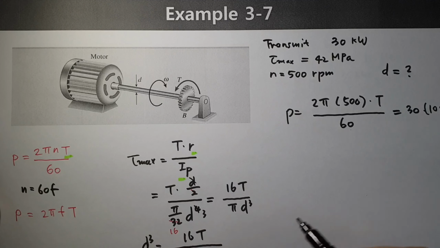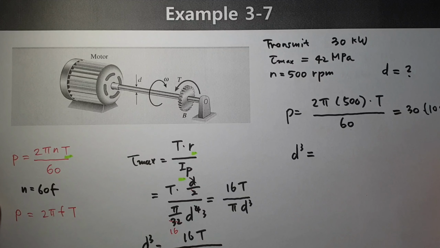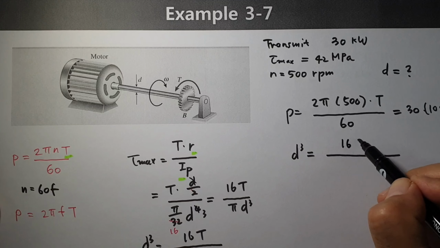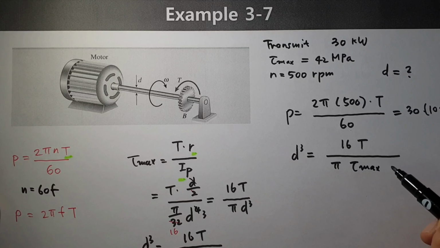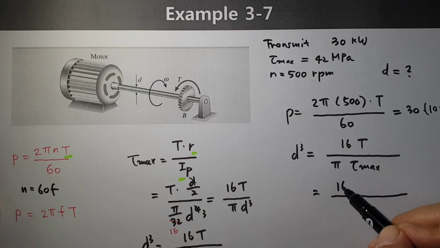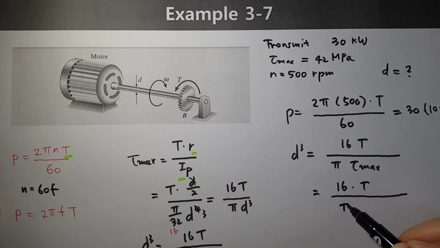When you think about this formula, D exponential 3 equals 16 T over phi tau max. Then 16 T, we know that T, phi and tau max 42 megapascal.